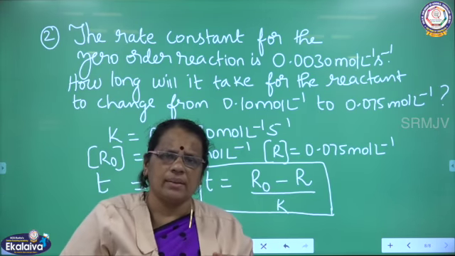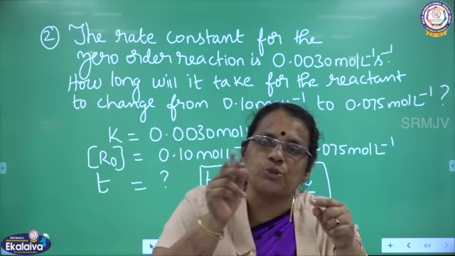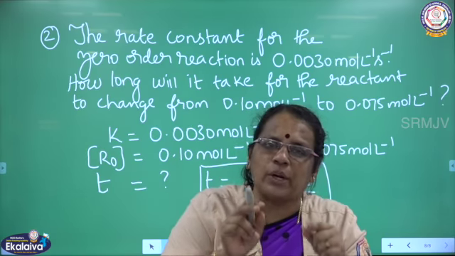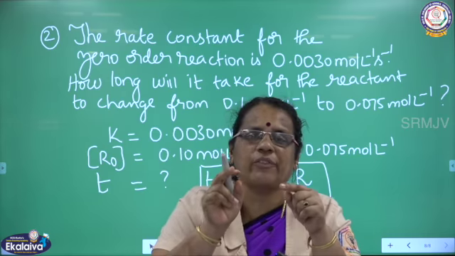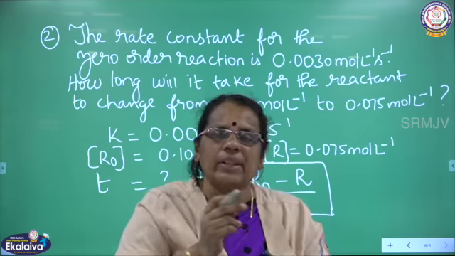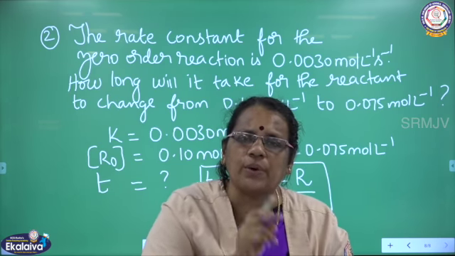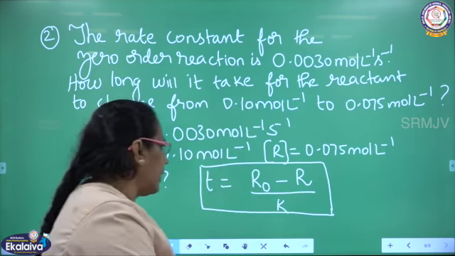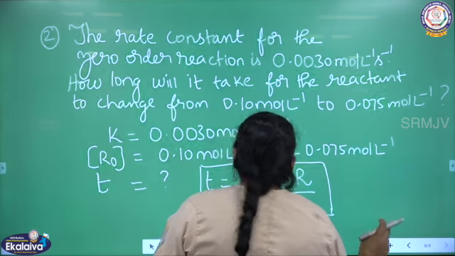Time taken. How long will it take for the concentration to change from 0.10, which is the initial concentration, to 0.075, which is the final concentration? And here they have given the K value also, which is the rate constant, 0.0030 moles per liter per second.